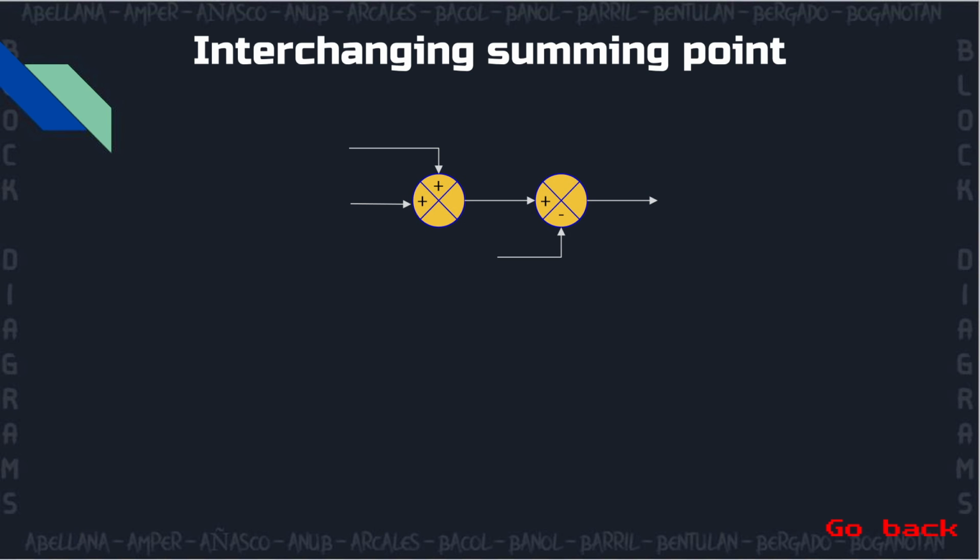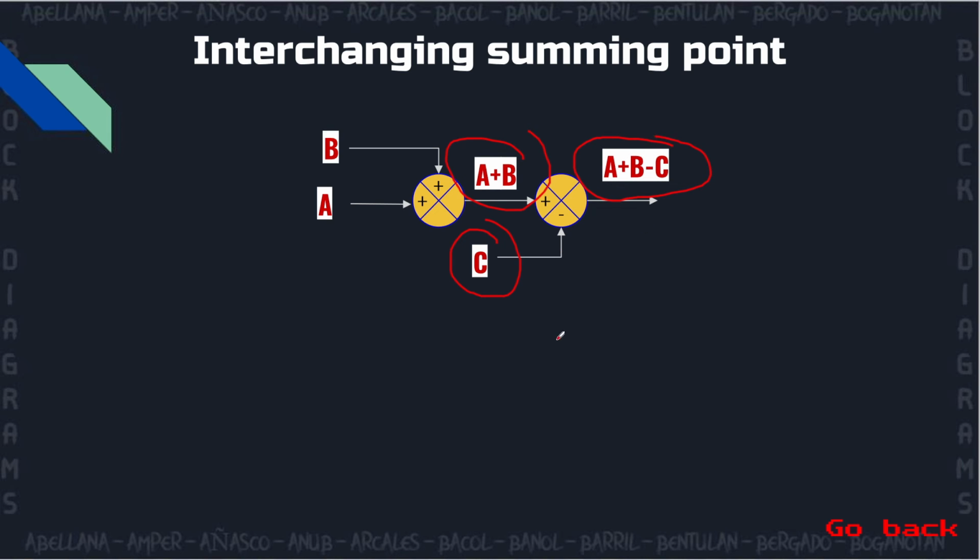Consider this block diagram representation with two summing points connected side by side, one having input A and input B. From here, we know that the output in this part of the circuit would be A plus B. There will be a third new input, which is C. So we will just have to combine inputs A, B, and C. The final output would be A plus B minus C.